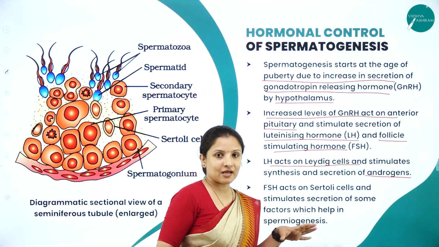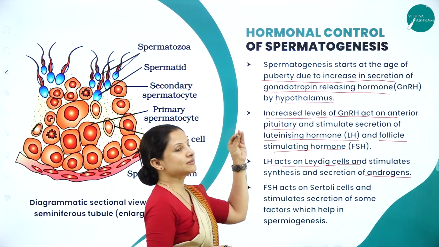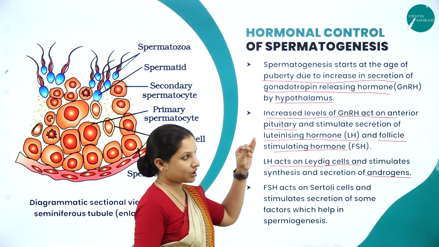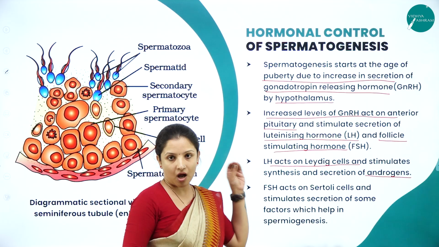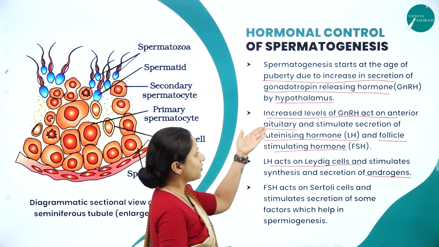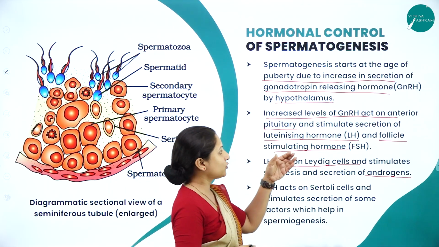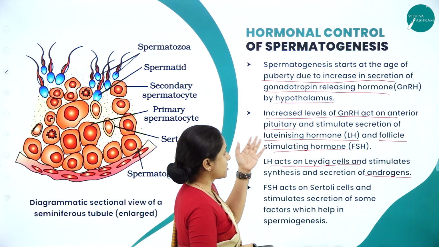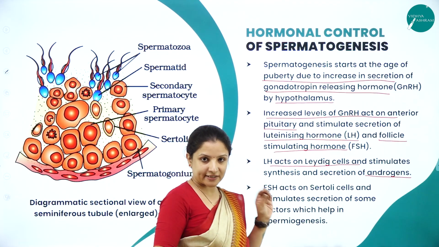Now how do they secrete the androgen? First, once the male reaches puberty, the hypothalamus region of the brain will secrete a hormone called gonadotrophin releasing hormone. As it increases, it will act on the anterior pituitary gland, present at the base of the brain.